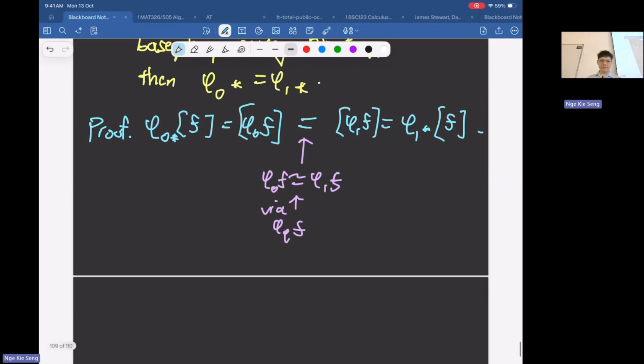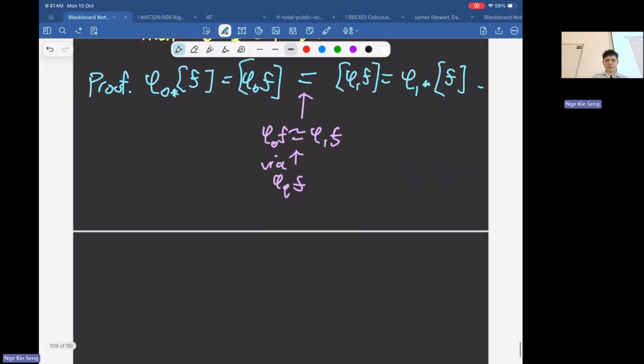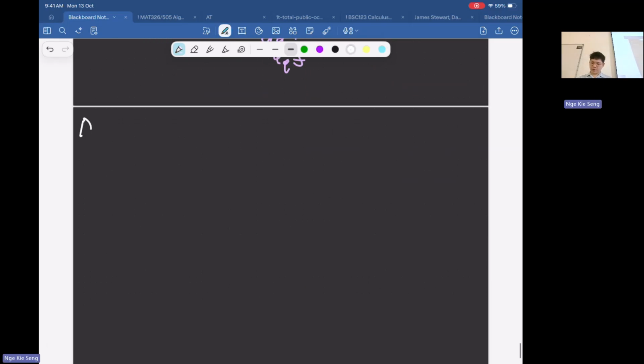Okay, so from here, we'll continue to define more stuff. This is one of the very important definitions in our class.